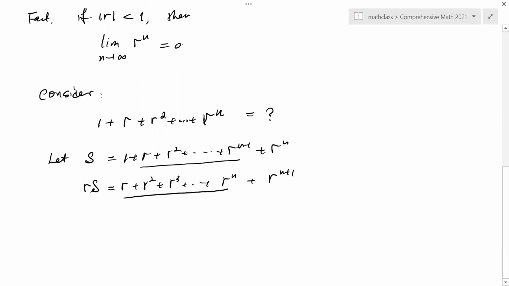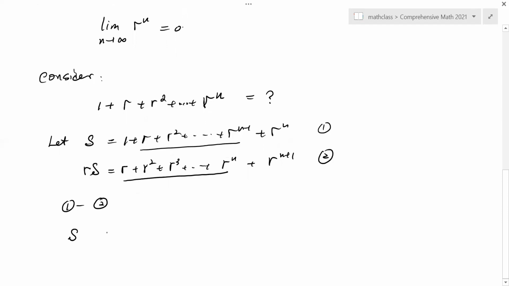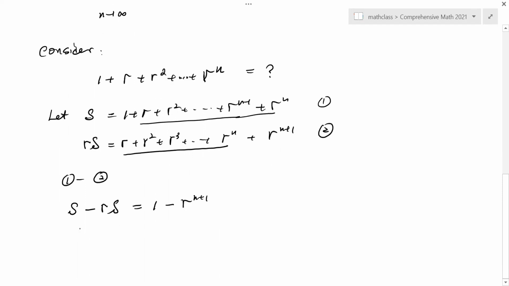So if you use subtraction, equation 1 minus equation 2, then S minus rS has the middle terms all gone, right? Then only 2 terms left. Wow. See? And the term on the left-hand side is 1 minus r times S. You factor S out.